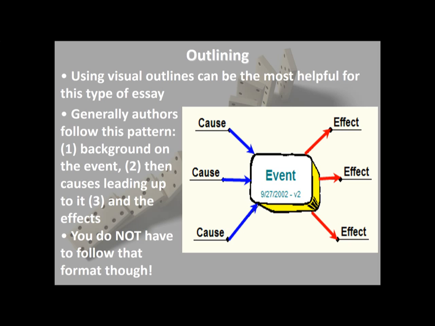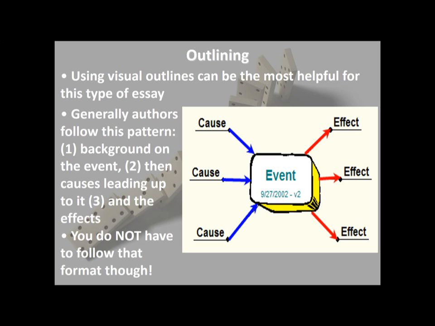It's the only cause of an aneurysm. So I might only have one cause, but there can be plenty of effects. Death, paralysis, stroke, stuff like that. So you don't have to have the same number of causes and the same number of effects. As long as you have both of those things represented, then you're fine.